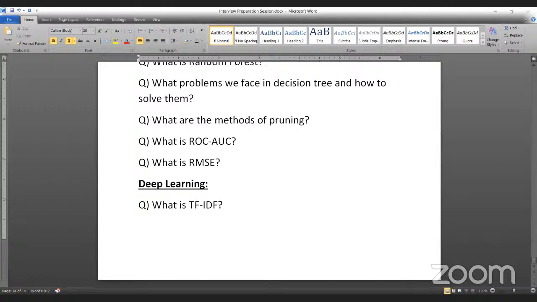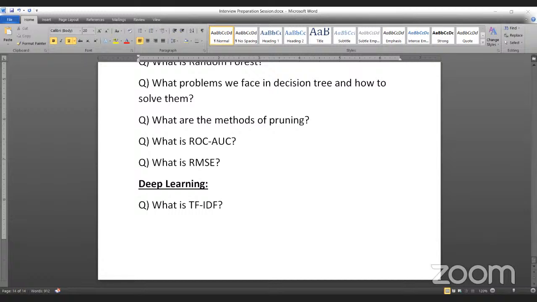Now what is inverse document frequency? To know this, we have to know what document frequency is.